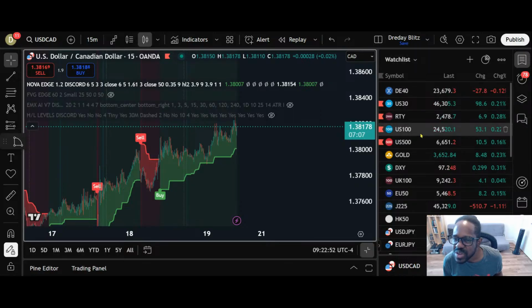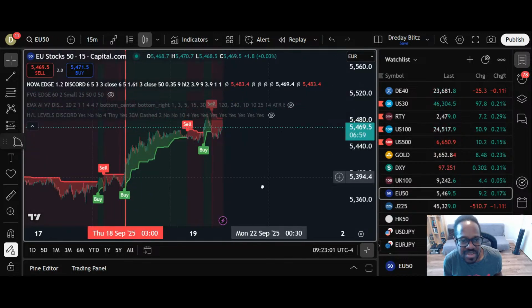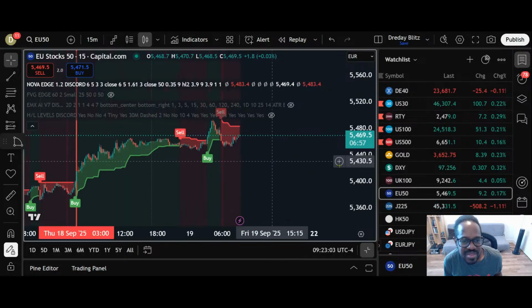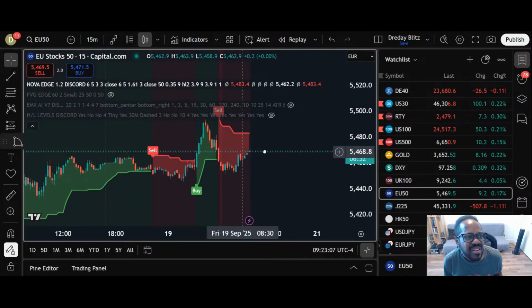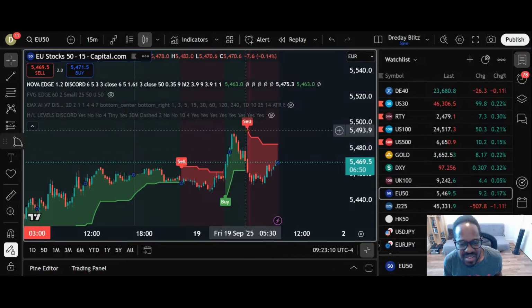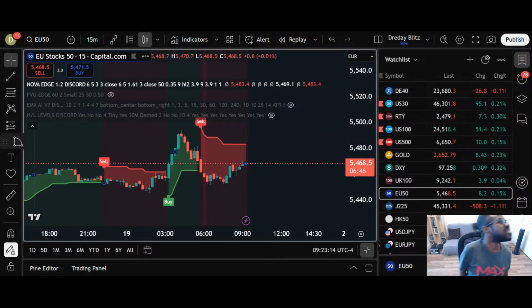Also, I'm going to be looking at the Euro 50, so I'm going to pull it up here. We did have a sell on Euro 50. Let me check exactly at what time the Euro 50 came in.